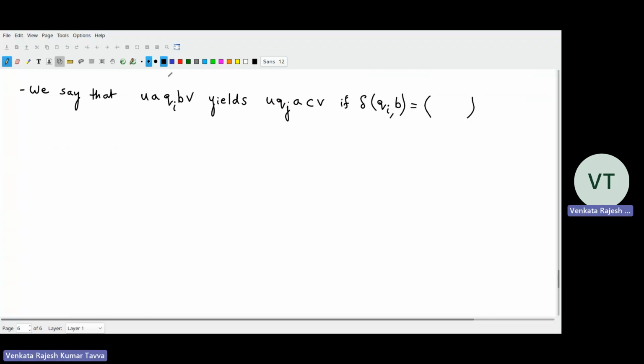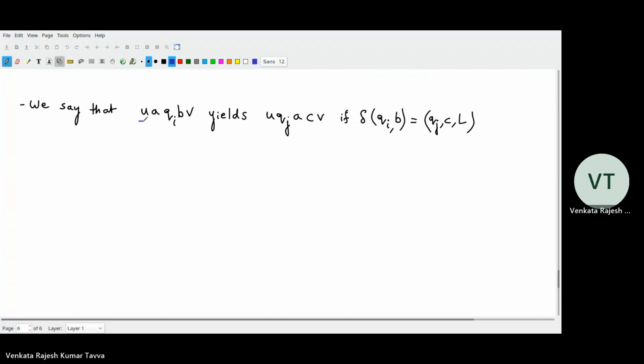What is happening here? Initially QI is pointing to B, then B is replaced with C, and you are moving left. That's it. So B is being replaced with C, you are moving left, and QI is updated to QJ, the new state.